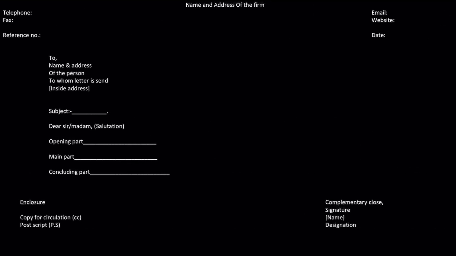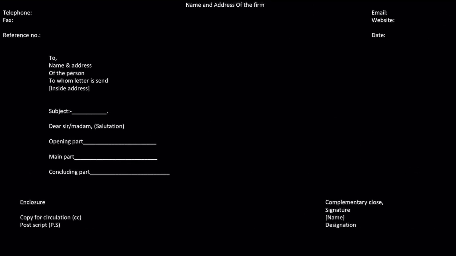So the purpose of the letter has to be mentioned in brief, or in short, in one sentence you have to write the subject. After subject, next is salutation. As you can see, we have mentioned a common salutation, that is dear sir or madam, or you may write respected sir or madam. So this is way of greeting the reader, that is salutation.